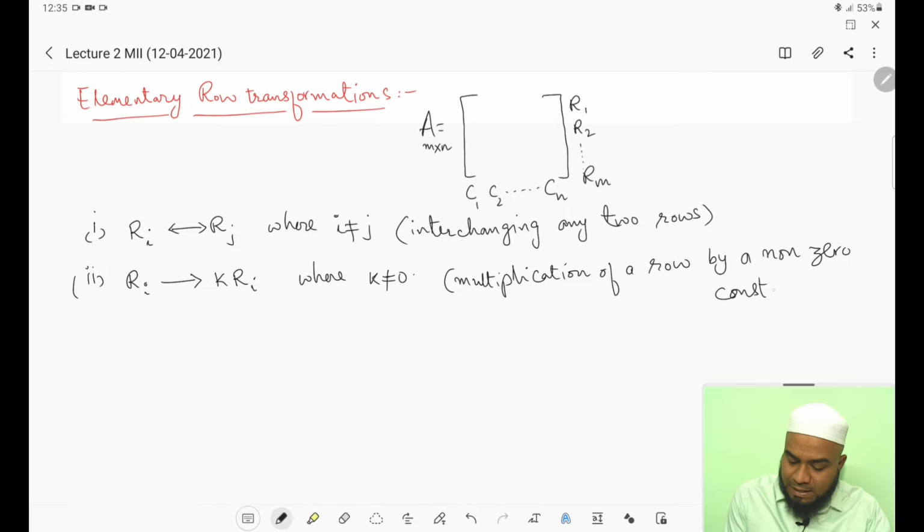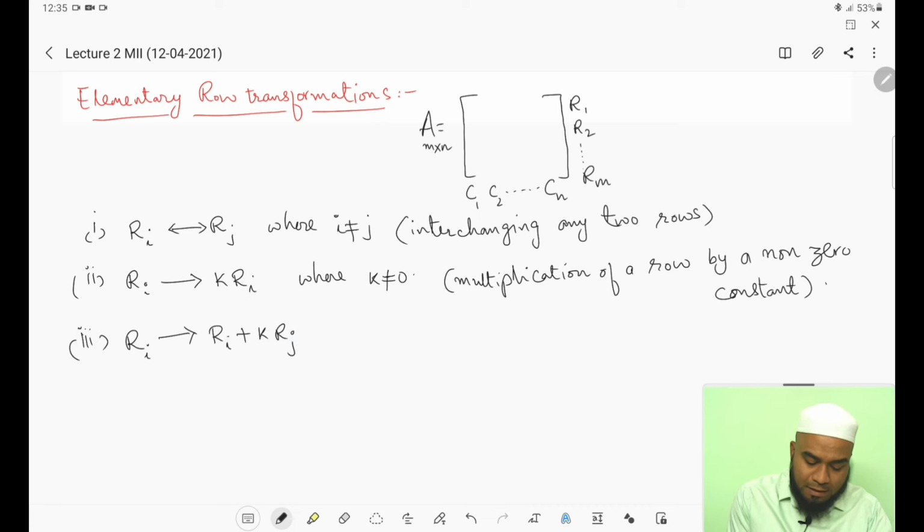So all these things we are going to use later, right? Then the third one is any row Ri, sorry, here it should be in second elementary row transformation, it is correct only. This is Ri only, right? Now Ri can be replaced, can be added into. So what I am doing here, see, suppose i is 1 and j is 2, then I am multiplying the second row, that is R2, with a non-zero constant k, and adding in row 1.